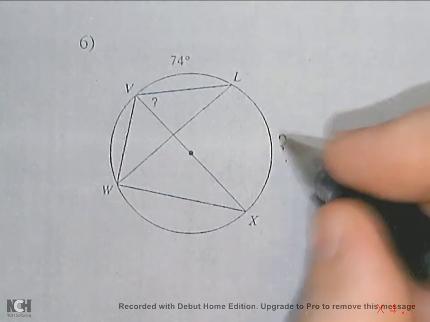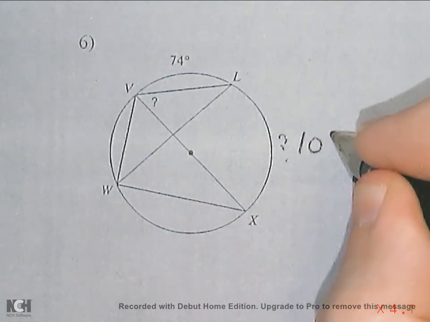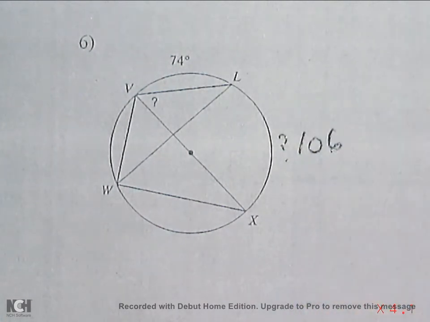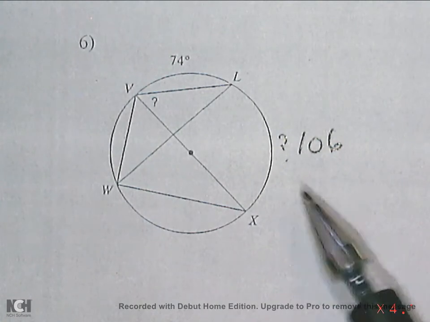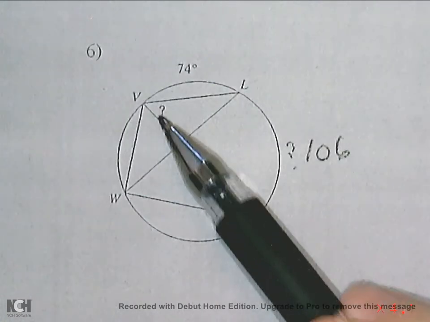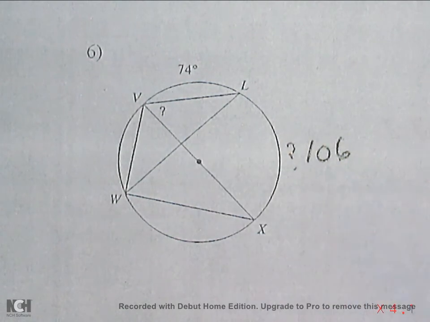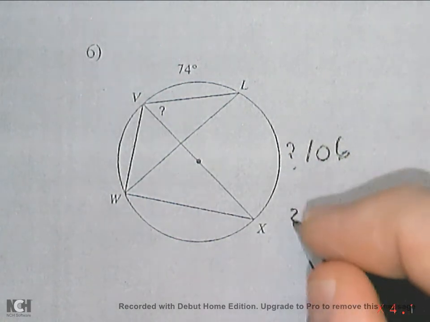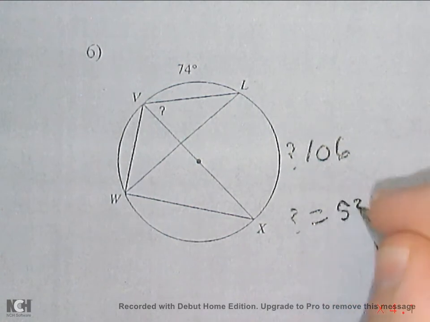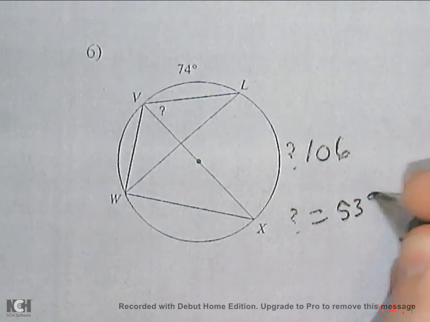So if I do that, I actually get 106, right? So that's the arc that's formed from that angle, but again, that would be double it. So if I cut that in half, the question mark here is going to be 53 degrees.